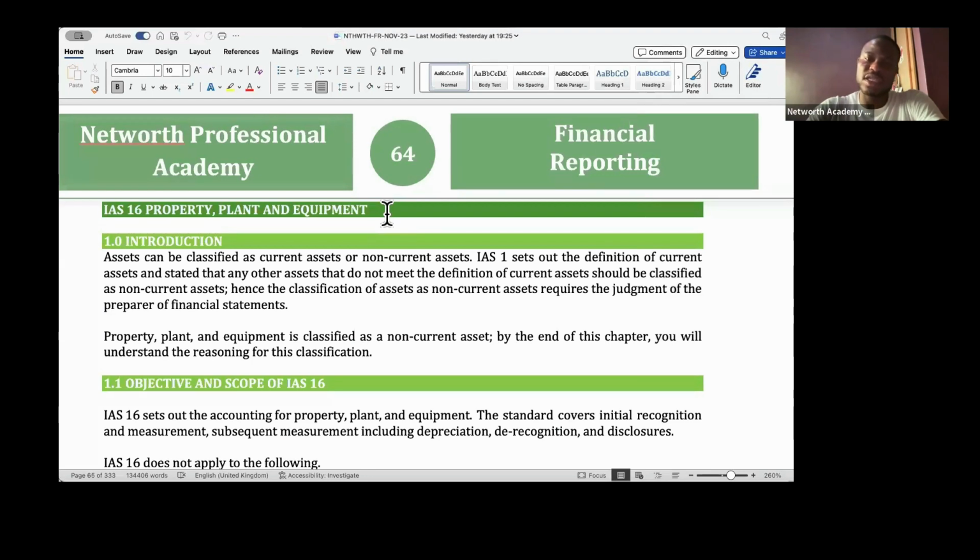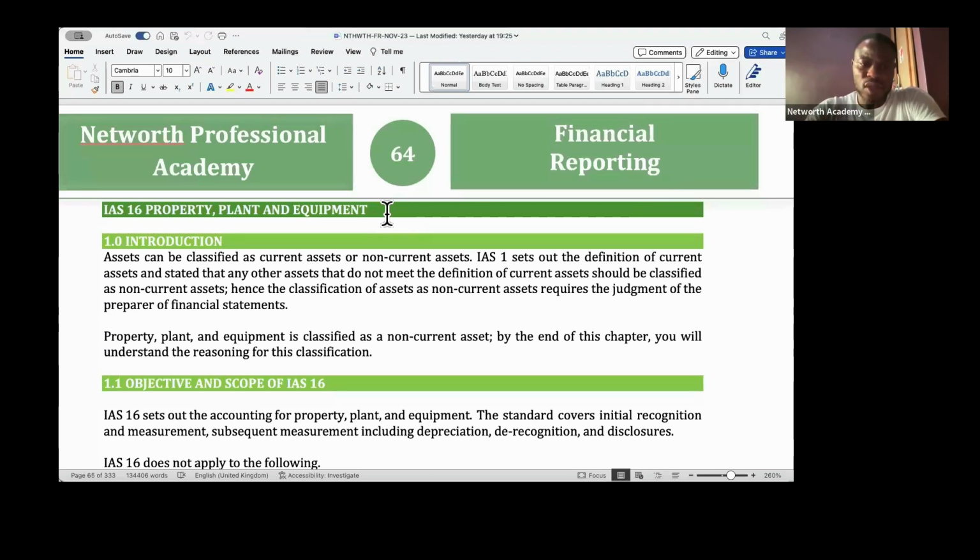It said that any other assets that do not meet this definition should be classified as non-current assets. So majorly, non-current assets are assets that you would make money from for many years, beyond 1 year.